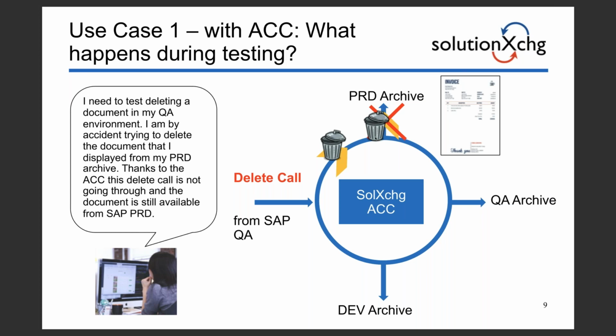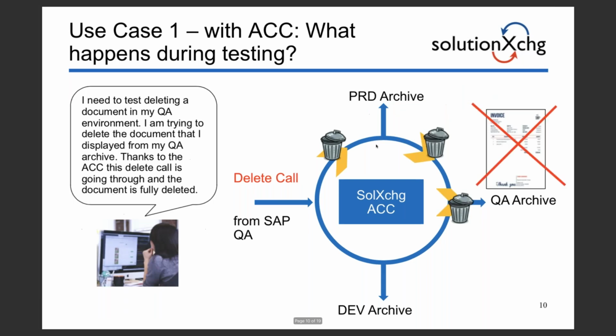And that's an important safety feature to obviously protect your production archive in these situations. Now, on the other hand, test deleting a document, which could be very much part of a regular business use case, because we're creating documents in business use cases, we're deleting documents.